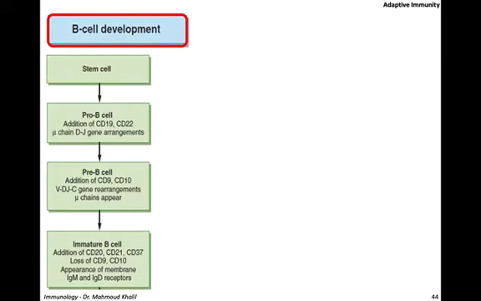So you can see it's a process, with different patterns of molecules expressed on the surface that mark the developmental stage of the B cell. In the immature B cell, the membrane now has IgM and IgD on its surface.